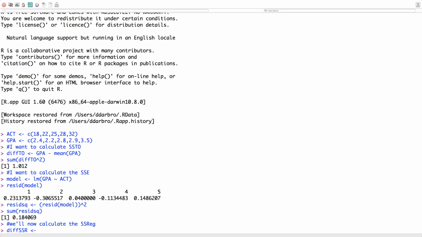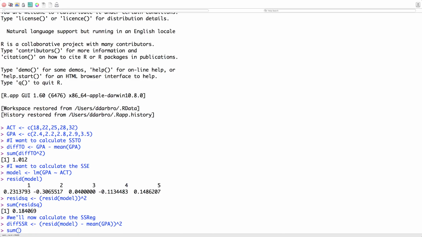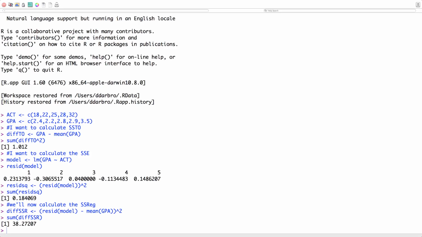So what I want to do is take the residuals for the model minus the mean for GPA. I want to square this. And then I want to find the sum of diff SR. Oh, that's lovely. All right, what's going on here? What did we do?